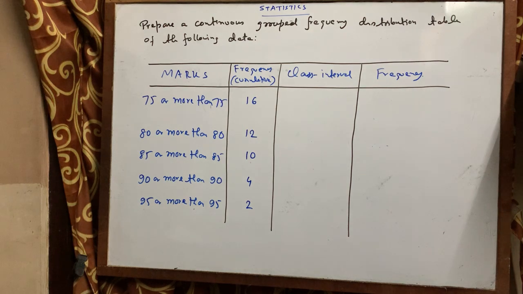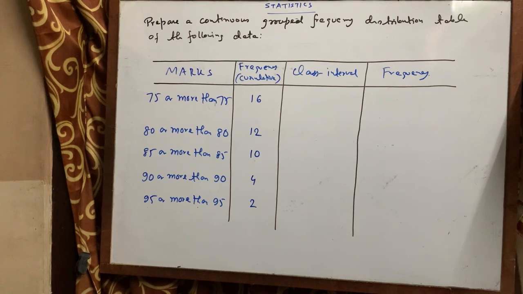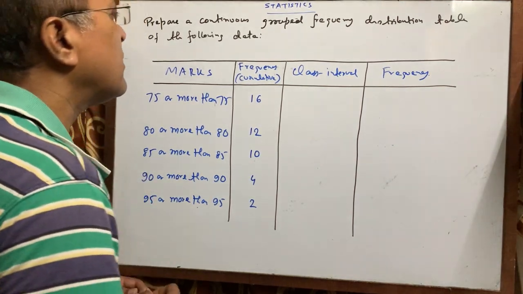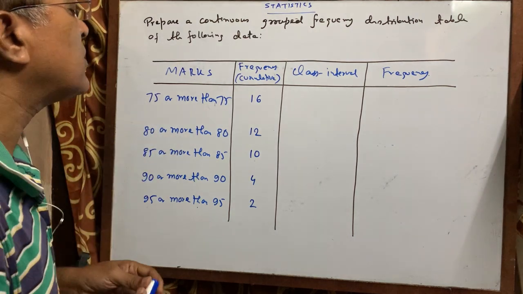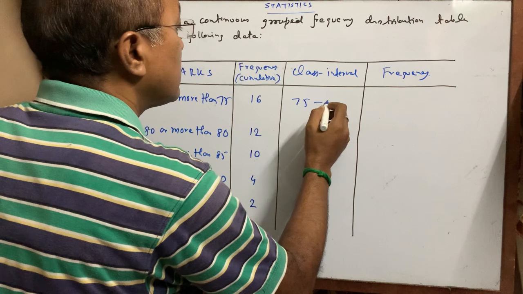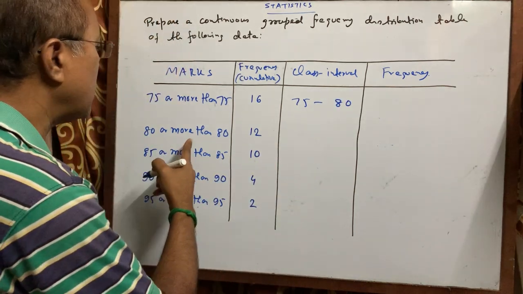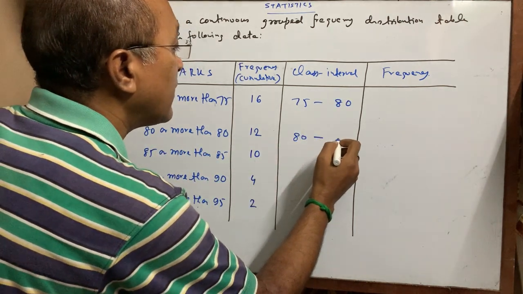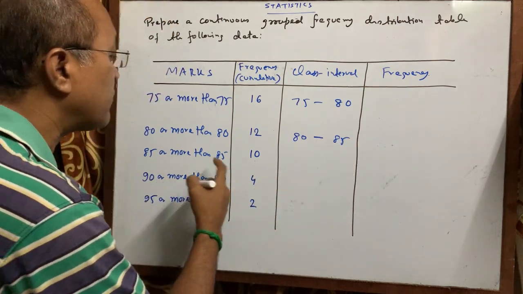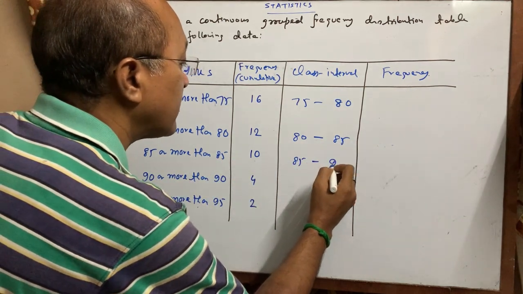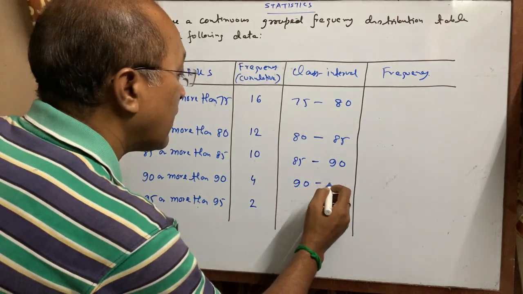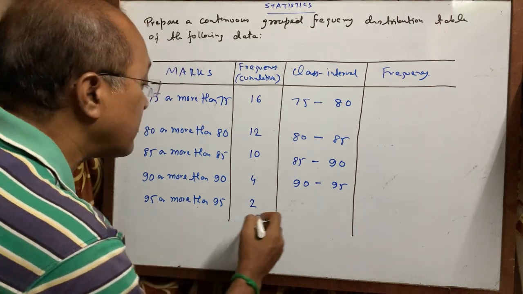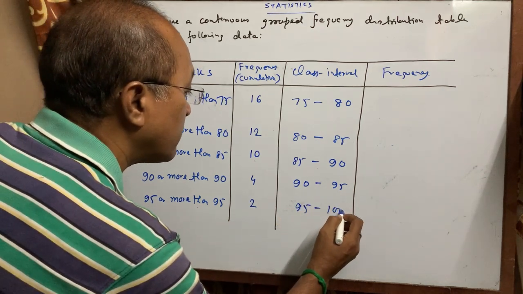From here we have to find the class interval along with frequency. So 75 or more than 75, say 75 to 80, 80 or more than 80, we can write 80 to 85, 85 or more than 85, we can write 85 to 90, 90 or more than 90, we can write 90 to 95, 95 or more than 95, we can write 95 to 100.